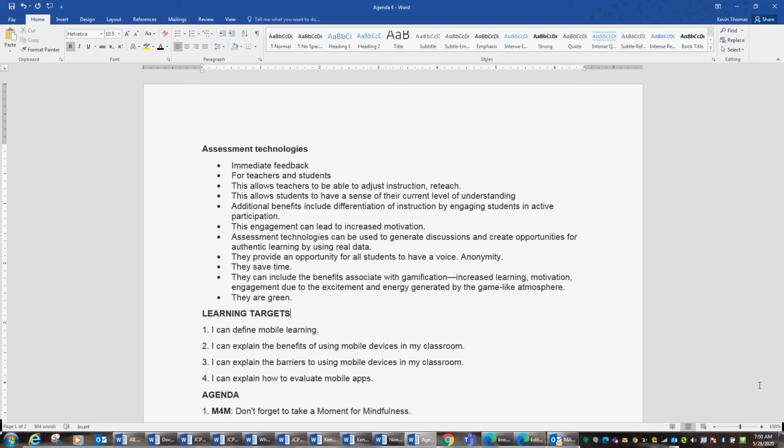The last one that I'll mention, and there are more, but these are the primary ones, is they're green, right? So I encourage you to Google how much money a typical high school spends on copying paper and copier paper and toner a year.